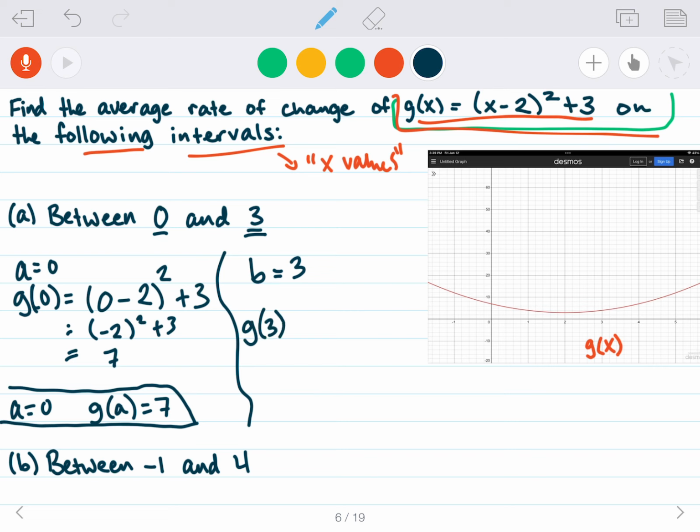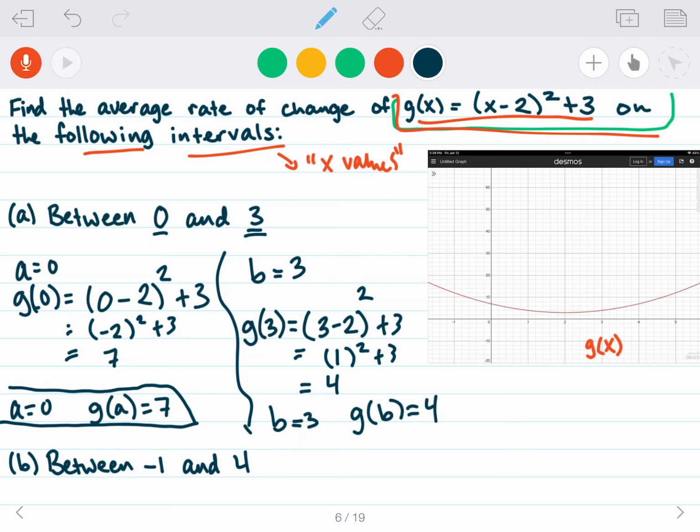I get 3 minus 2 squared plus 3, which is going to give me 1 squared plus 3, which is going to give me 4. Okay, so when B is 3, the corresponding output, G of B, is equal to 4.